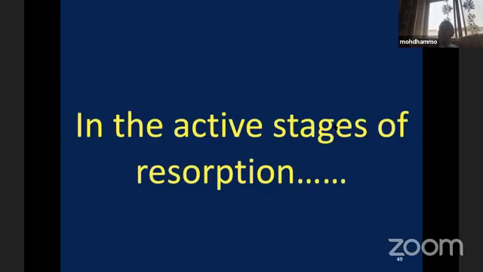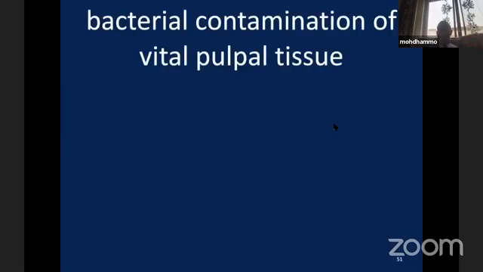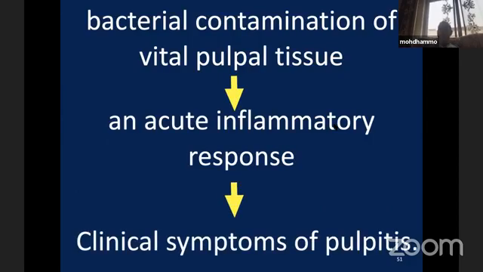In the more advanced stage, the active stage of resorption, bacteria might enter the pulp canal through dentinal tubules, carious cavities, cracks, fractures or lateral canals. If bacteria enter, what will happen? It will stimulate the resorption, and the bacterial contamination of the vital pulp will cause acute inflammation of the pulp, and then clinical symptoms of pulpitis will occur.